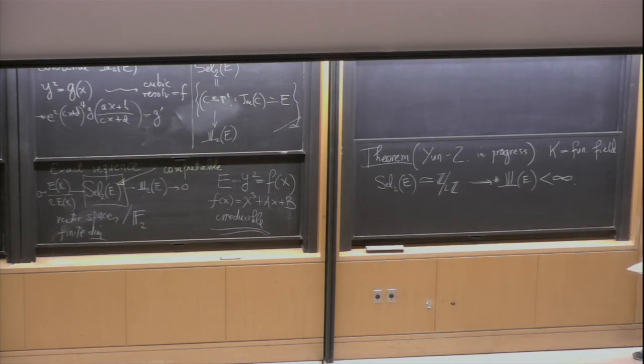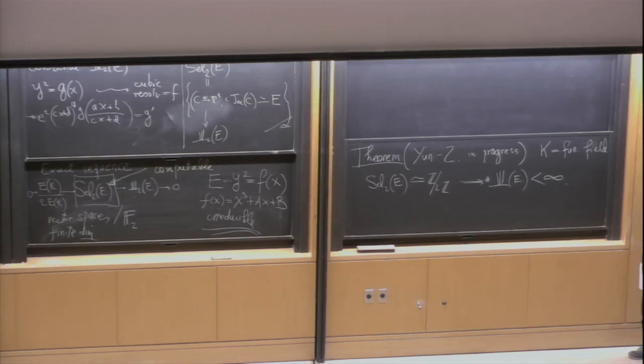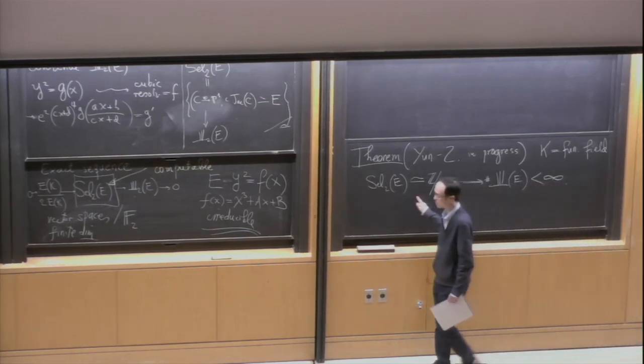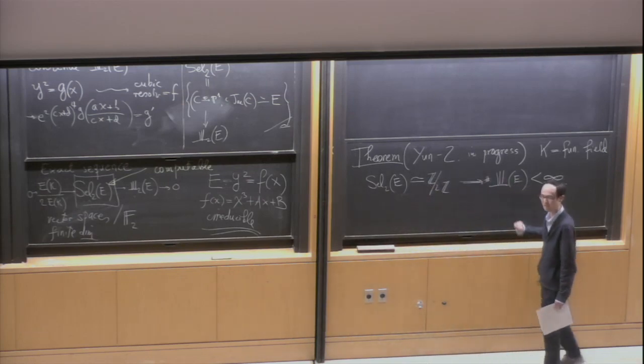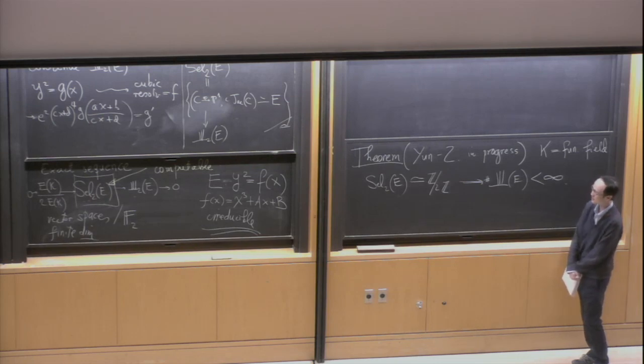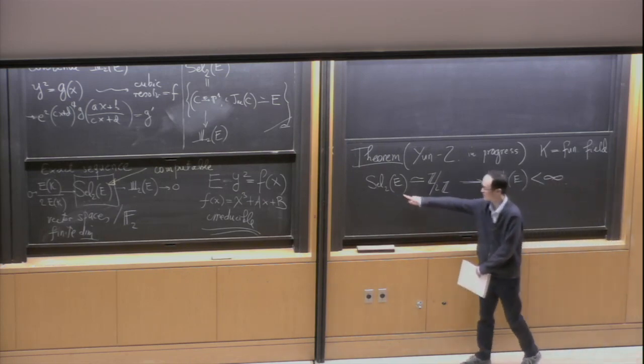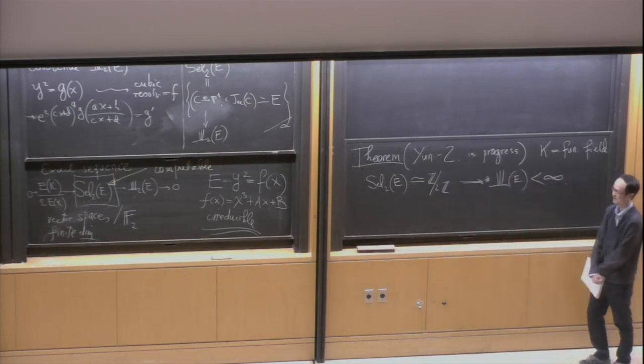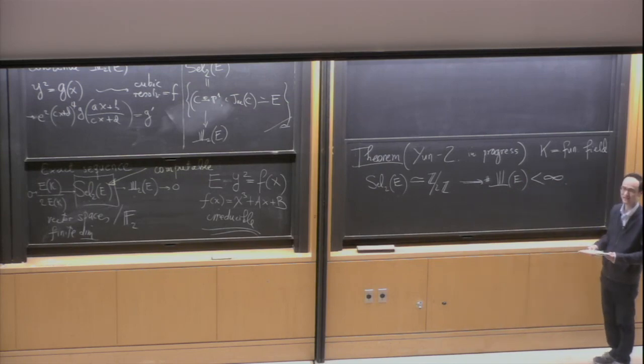So here is given a criterion for the finiteness of this group, and the criterion is in terms of the 2-Selmer group. As I mentioned, it's computable. So potentially the Tate-Shafarevich group can have very large cardinality, but you work with the computable group, the 2-Selmer group, and you have a way of proving finiteness of Sha.